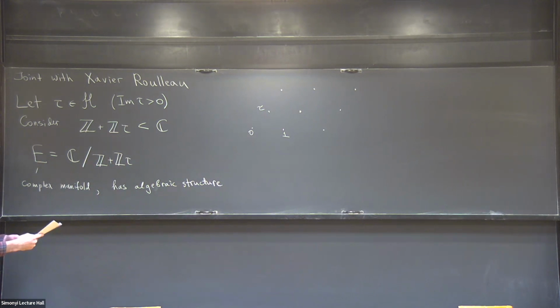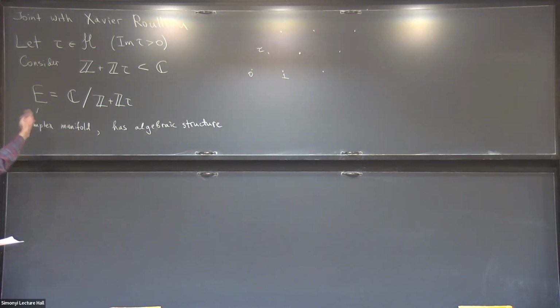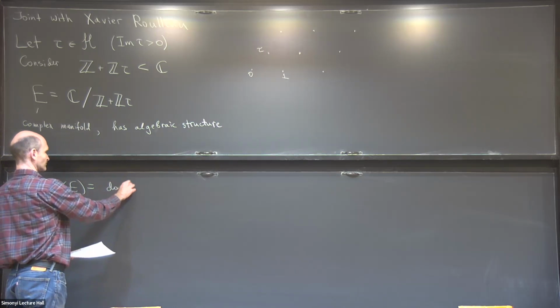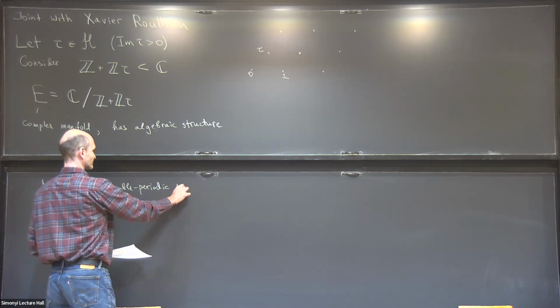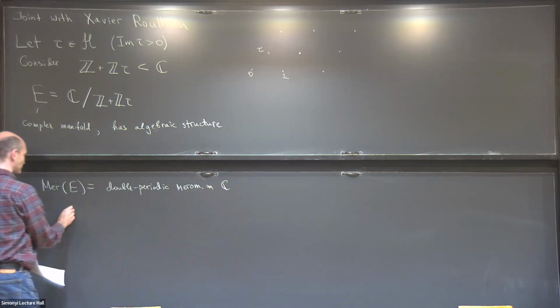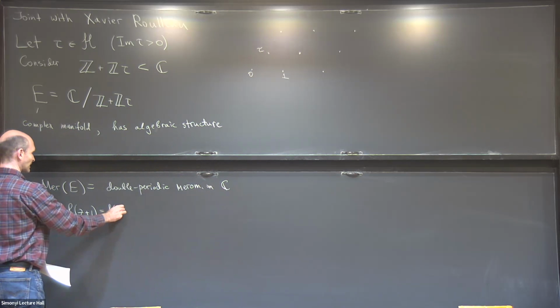So what are meromorphic functions? On this E, you can think of them as double periodic meromorphic functions on the whole C. And by double periodic, I mean that they're periodic with periods 1 and tau.